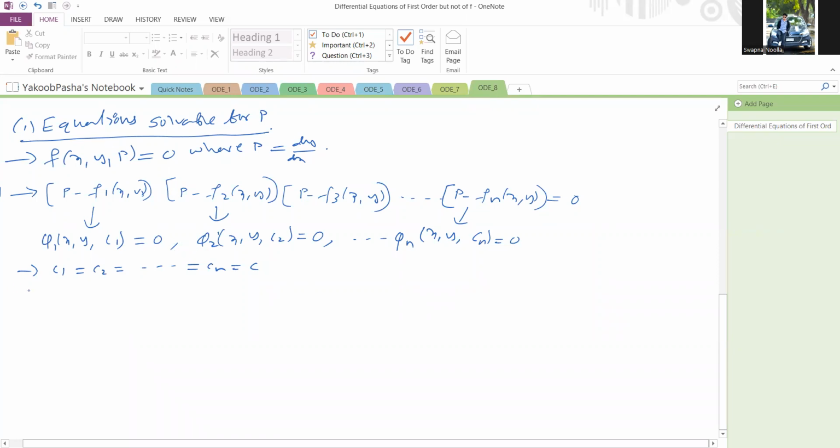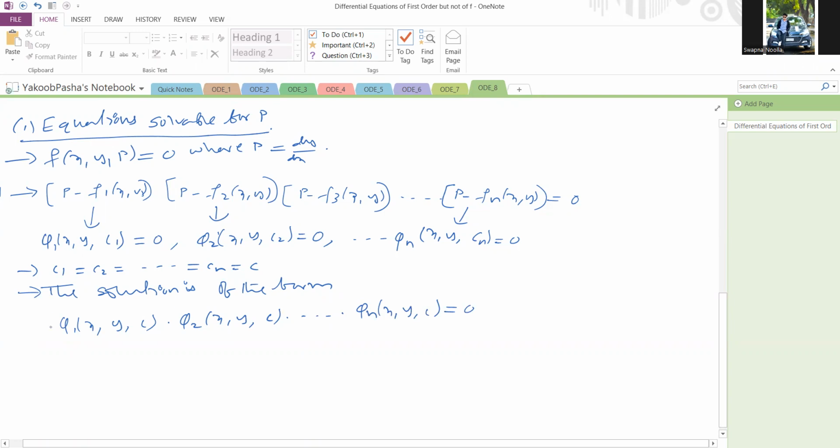Therefore, the required solution is of the form phi1 of x comma y comma c into phi2 of x comma y comma c into and so on, the last function phi n of x comma y comma c is equal to 0.